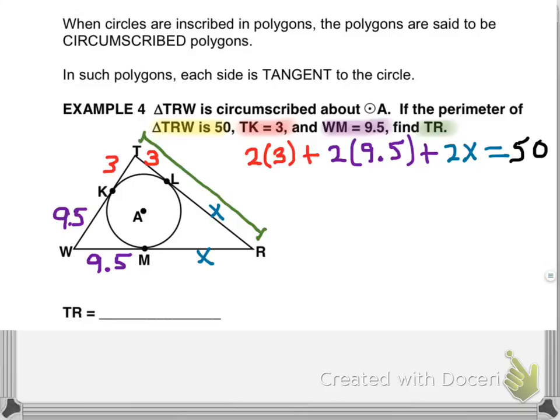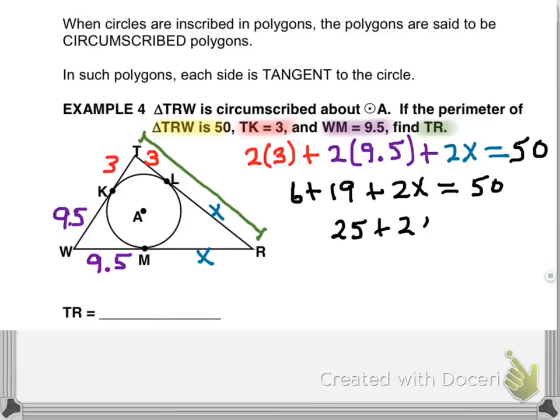We'll solve this equation by combining like terms after we multiply. So 2 times 3 is 6, 2 times 9.5 is 19, plus 2x equals 50. We'll combine 6 and 19, that's 25, plus 2x equals 50.